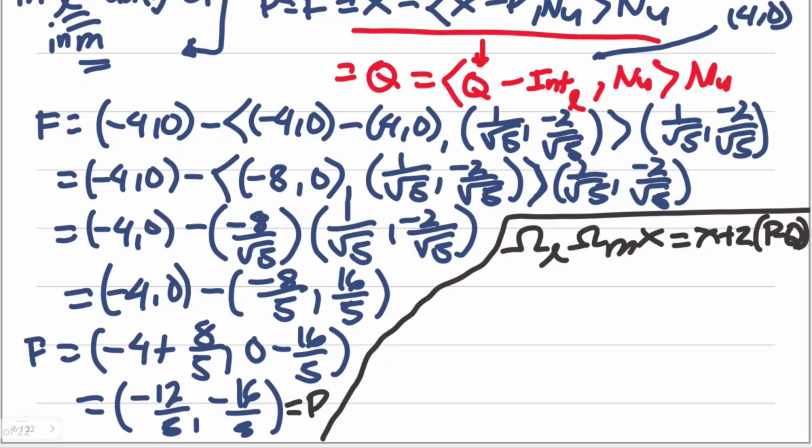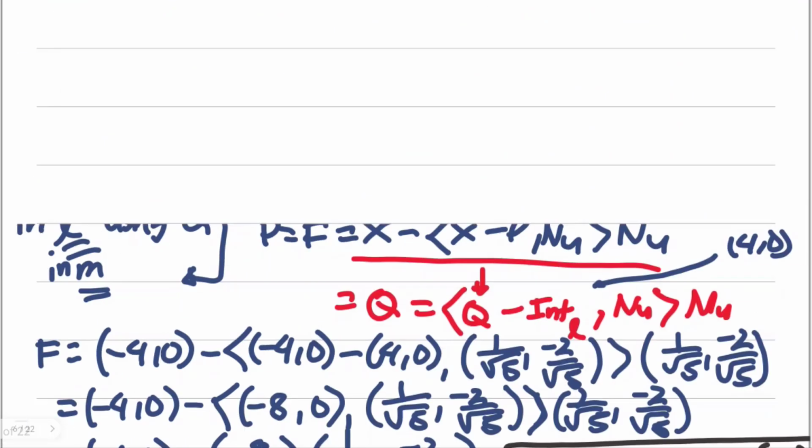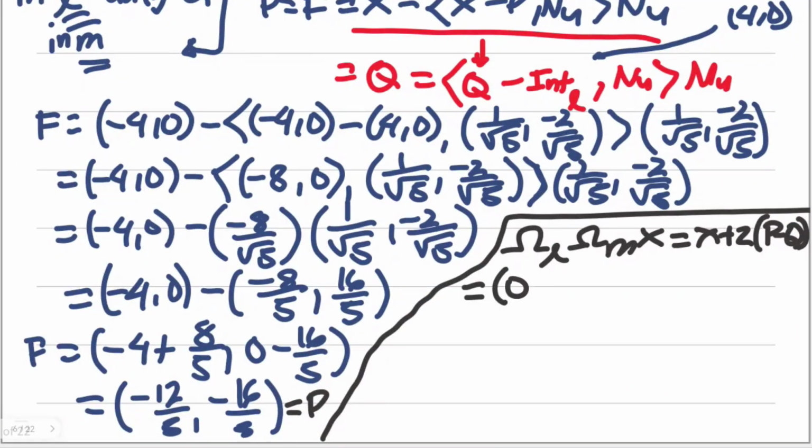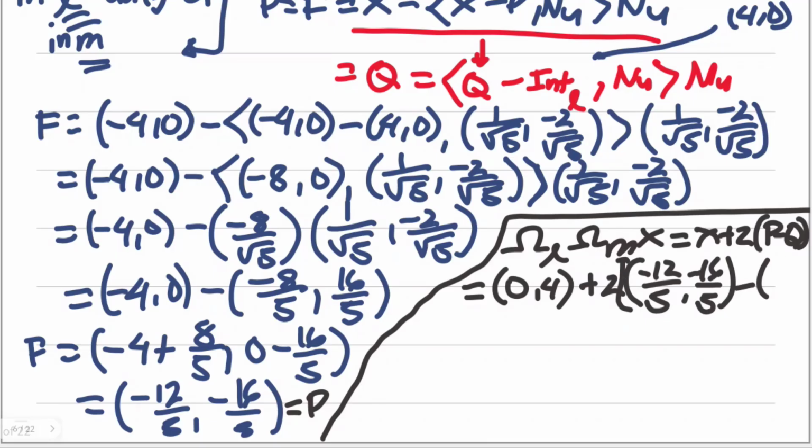So our result is X being (0, 4), then plus twice your P, which is (-12/5, -16/5), subtracted with your Q, which is (-4, 0). Okay, so you have here (0, 4).